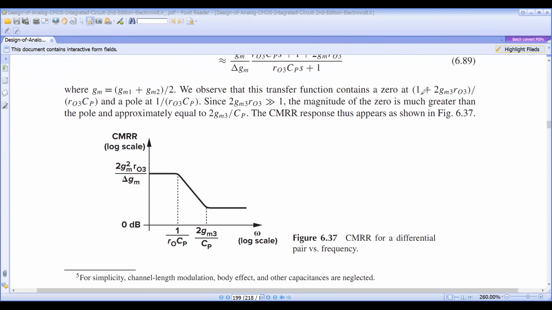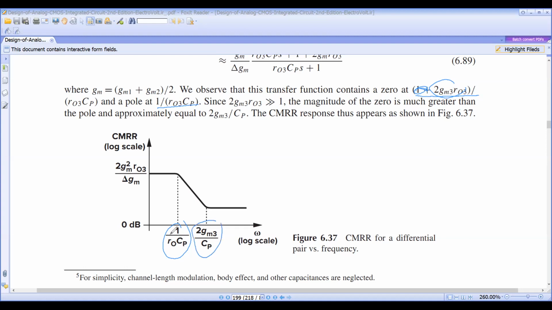This is the zero, and this is the pole. This value is much more than this value, so the zero frequency is more than the pole frequency. The pole is at 1 by R03 CP. The zero is at 2GM3 multiplied with R03 by R03 into CP, R03 cancels, so 2GM3 by CP.